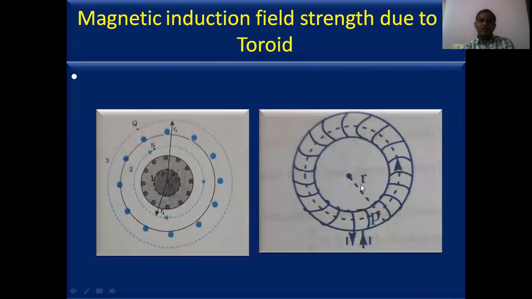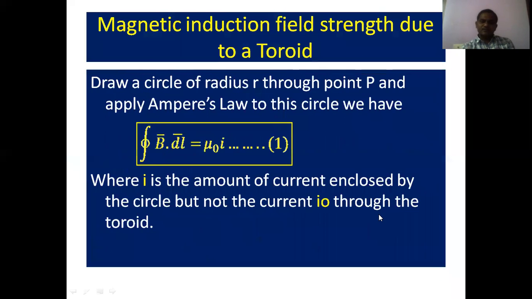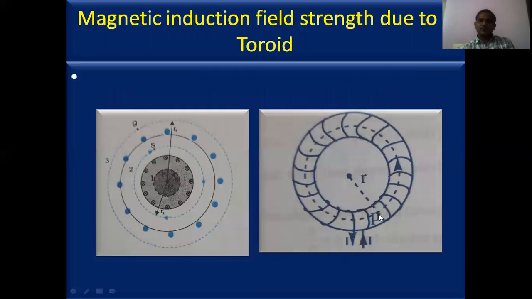Now, again I am showing another figure. Here the current is flowing in this direction. Then the magnetic field direction, how? In the anti-clockwise direction, because you apply Ampere's right hand thumb rule, and you will get the direction of B bar, right?